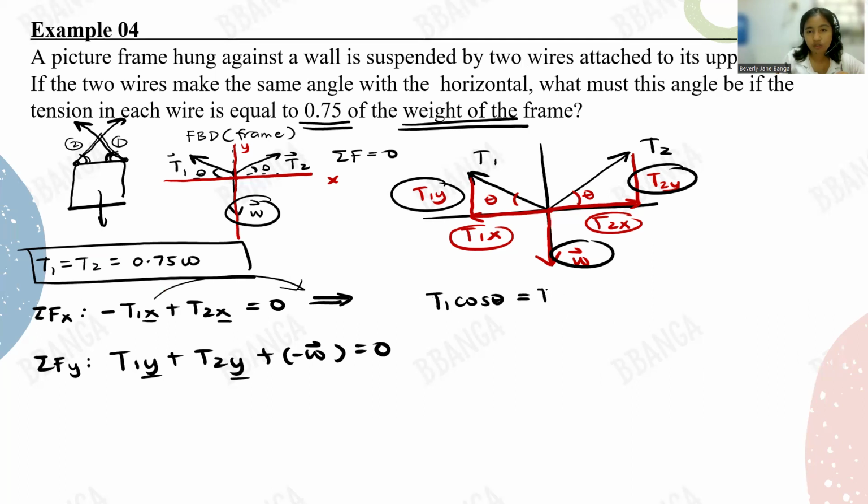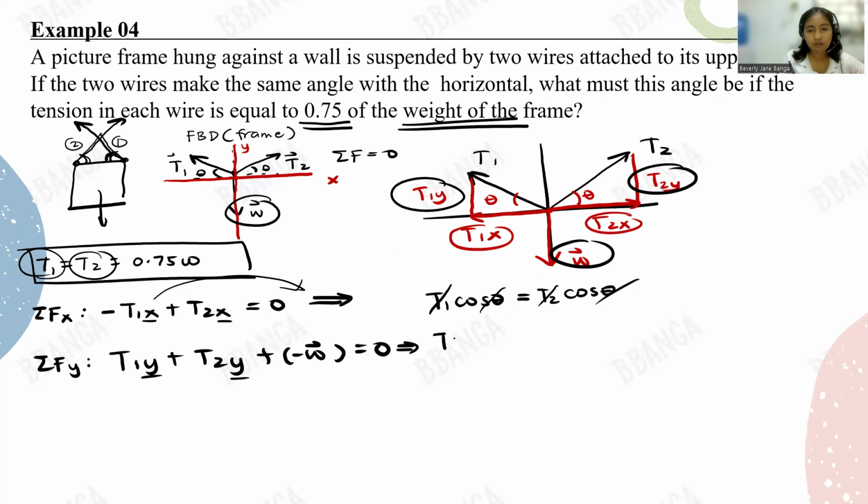So T1 cosine theta is equal to T2 cosine theta. Wala tayong masyadong makuha, diba? Kasi parang sinasabi nyo lang, T1x is equal to T2x. Eh, alam natin na parehas naman tong value na to. So, kumbaga parang pwede mo siya i-cancel. So, wala, diba? Now, let's proceed to y.